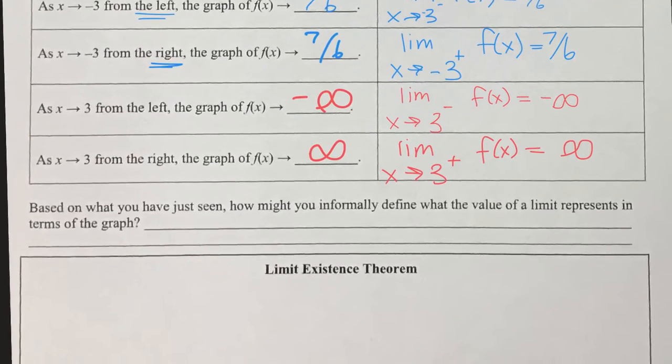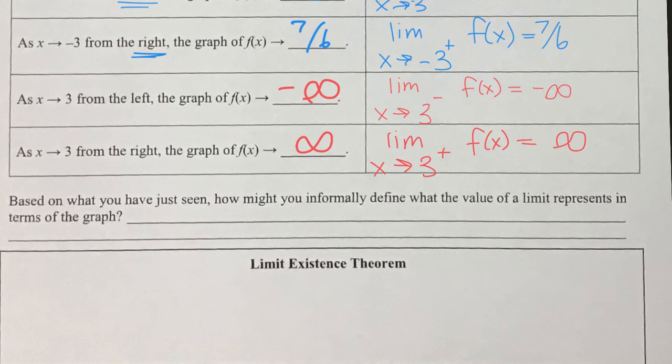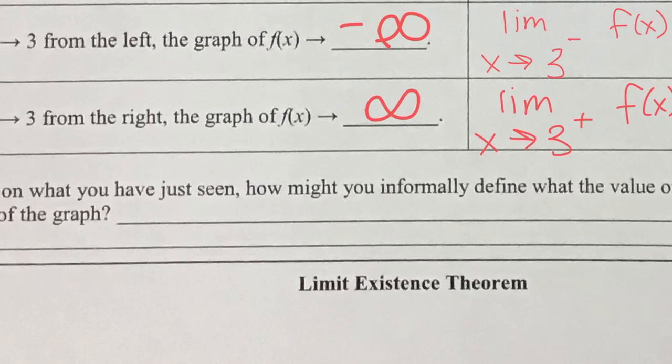So how might you informally define the value of a limit? Which value are we talking about when we're finding a limit? An x, y, which value? A y value. We are trying to find a y value.